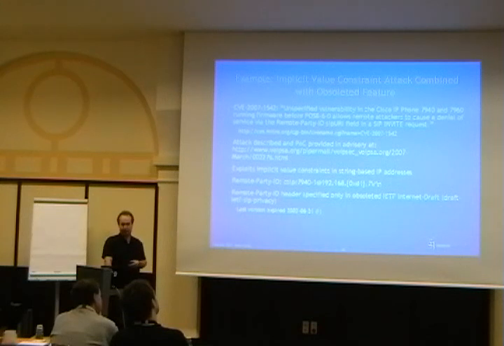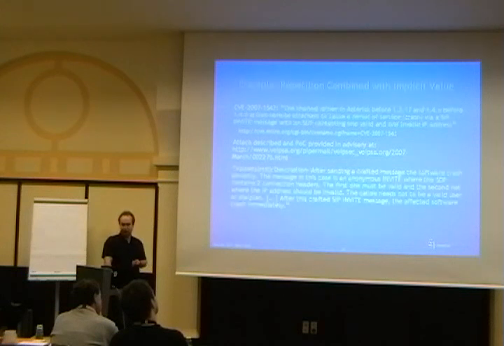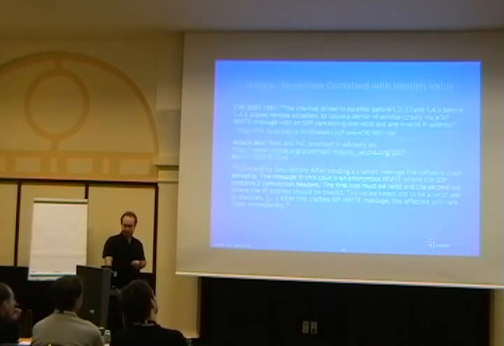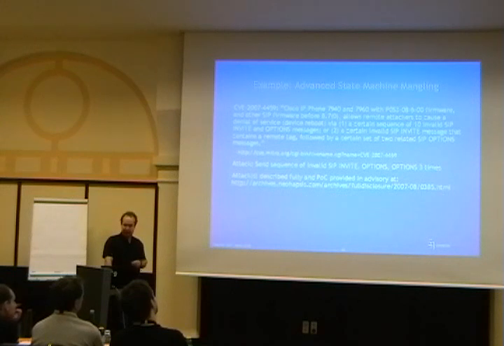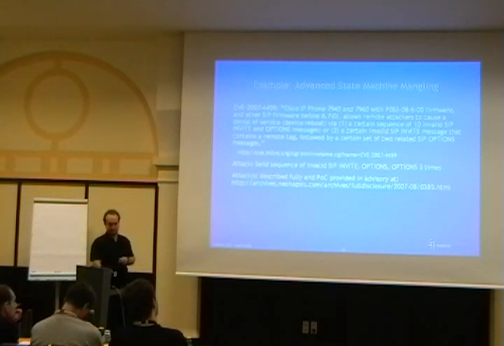Again, things with implicit values combined with usage of obsoleted protocol features. Repetition, again combined with an implicit value expectation. These kinds of things. State machine mangling: this particular attack sent a very advanced broken sequence of zip requests and caused a problem in a particular zip implementation.